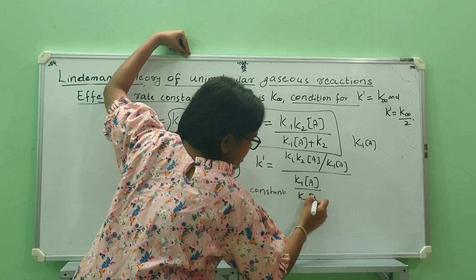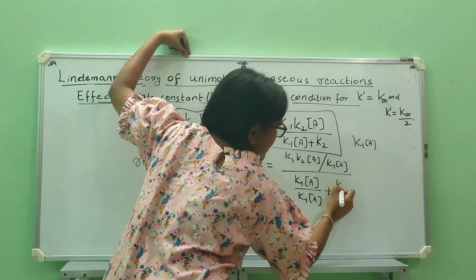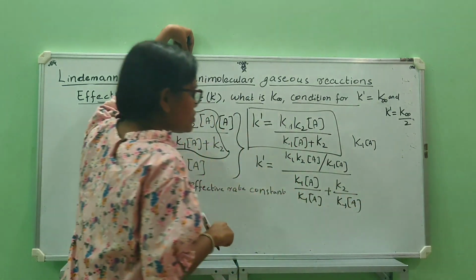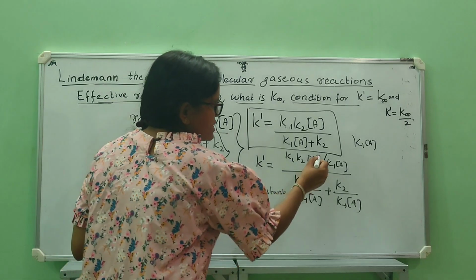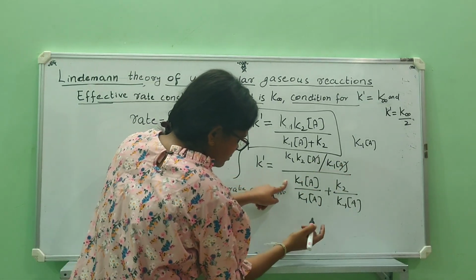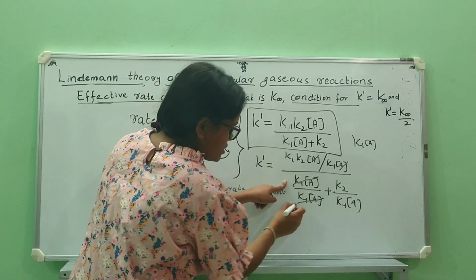So here I am dividing the denominator by K minus 1 into A. So in the numerator, you can cancel A with A, and here you can cancel these two terms.